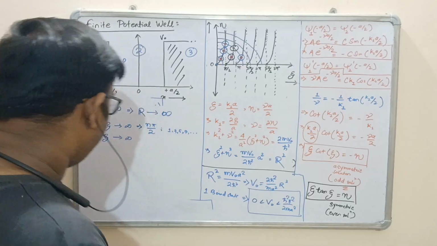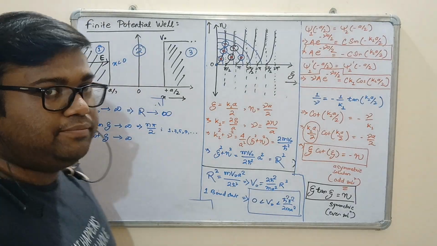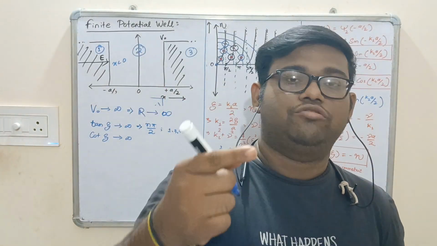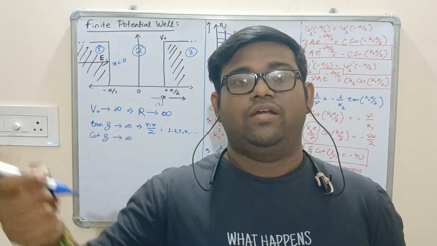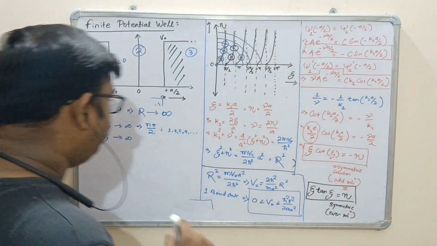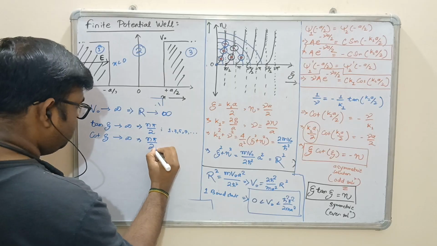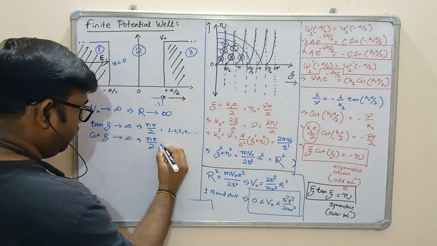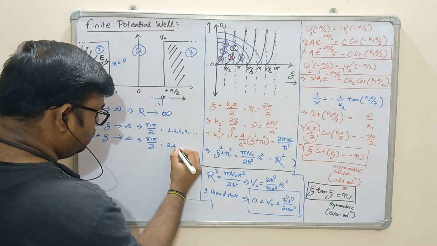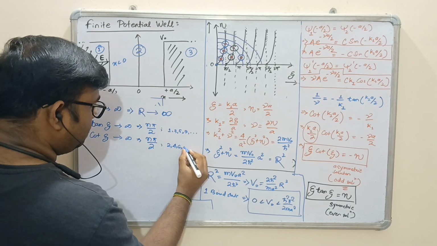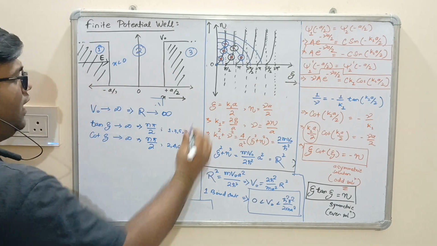Now where does cot eta go to infinity? Cot eta goes to infinity at 0, pi, 2 pi, and that can be written as n pi by 2, where n equals 2, 4, 6, 8, and we don't take 0.